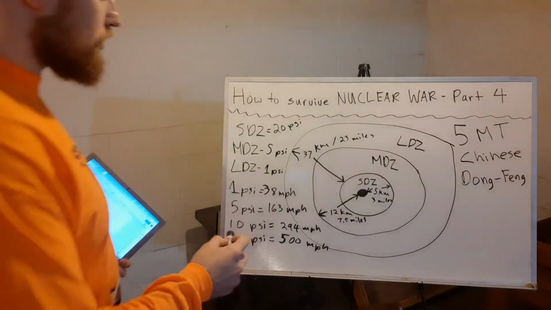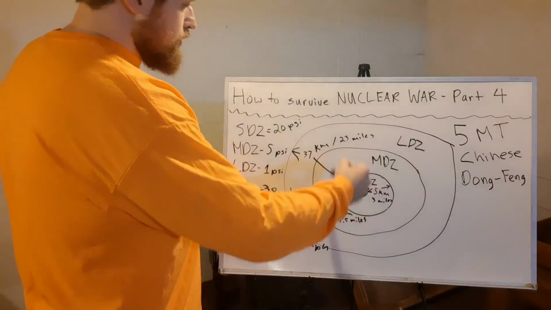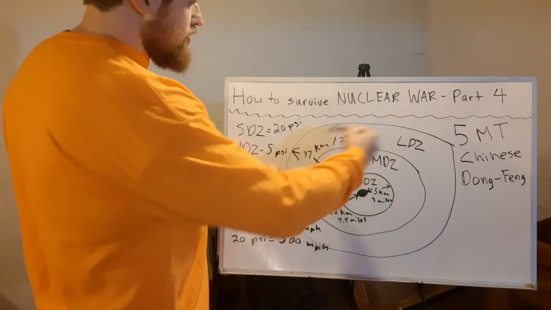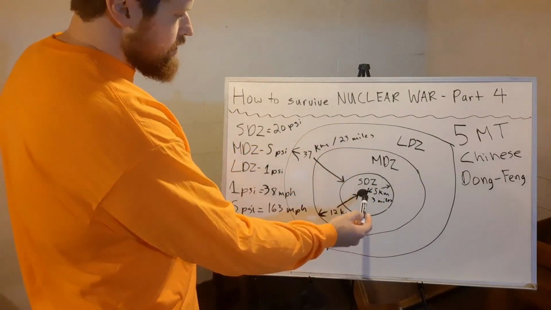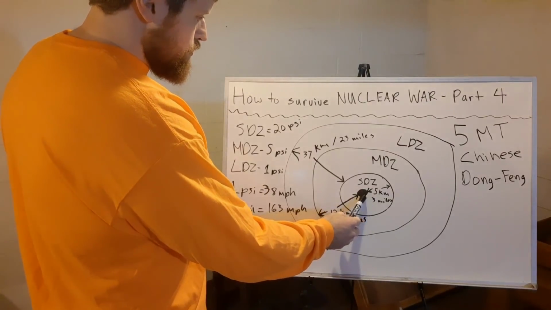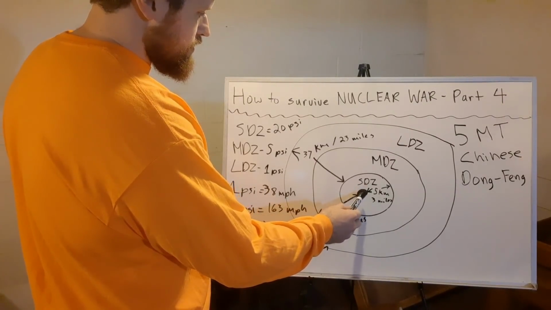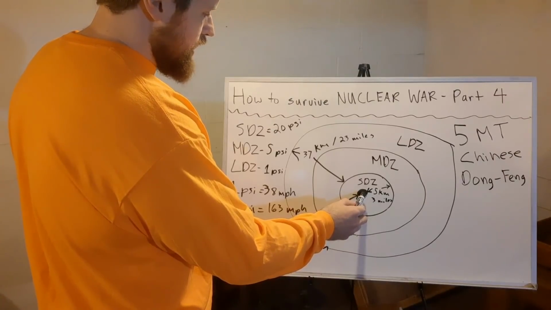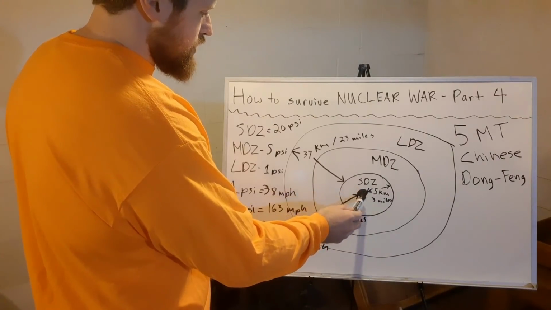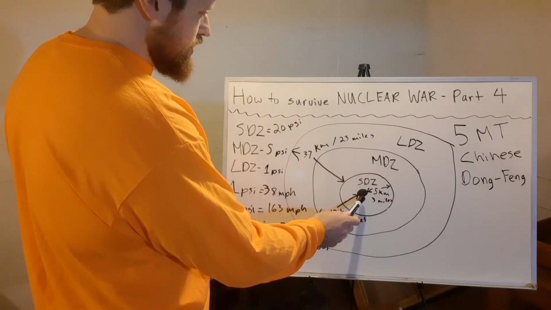What you're looking at here are the different blast zones represented by these rings, and this black dot in the middle represents the detonation point, the flash point, the fireball.